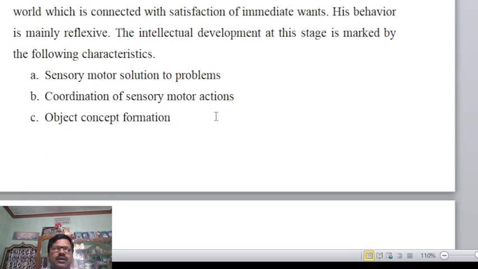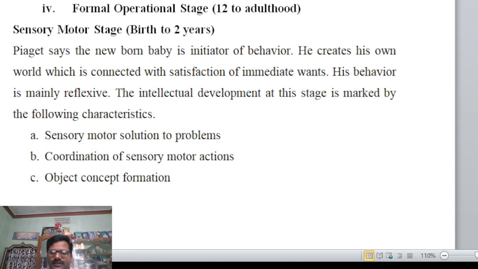First is the sensory motor stage. In the sensory motor stage, Piaget says the newborn baby is the initiator of behavior. He creates his own world, which is connected with satisfaction of immediate wants. In the infancy stage, up to 2 years of age, the child doesn't know much about the world.